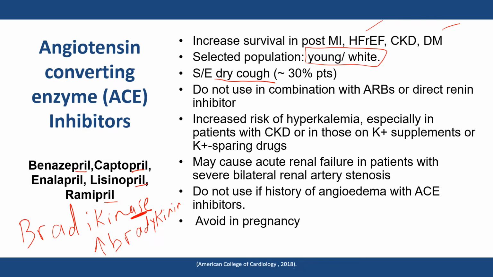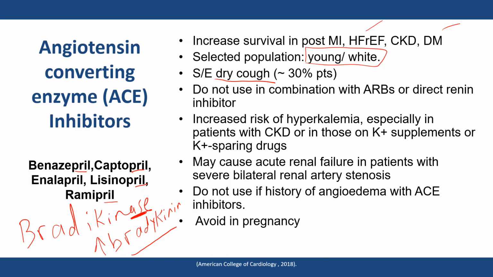So when the levels of bradykinin in the lungs increase, they will irritate the nerve endings in the lungs, and that produces a cough and irritation. So you can say that ACE inhibitors block an enzyme called bradykinase in the lungs, and that will increase the level of bradykinin, and that will cause irritation in the nerve endings, and that produces a cough.